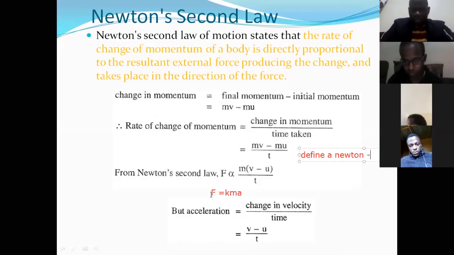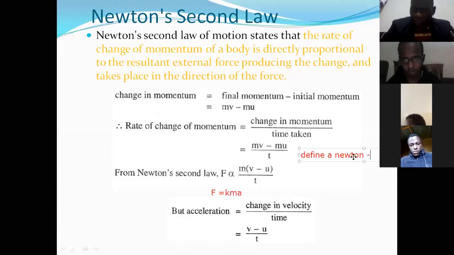So if this force is 1 Newton and the mass is 1 kilogram and the acceleration is 1 meter per square second, then K will be 1. I repeat, I want us to remove this K. To remove K, we define a Newton.